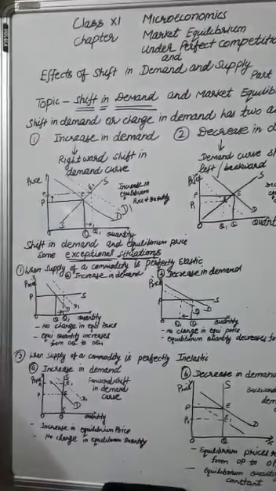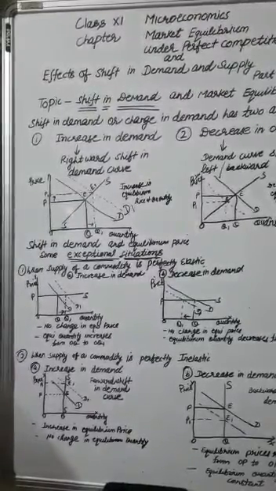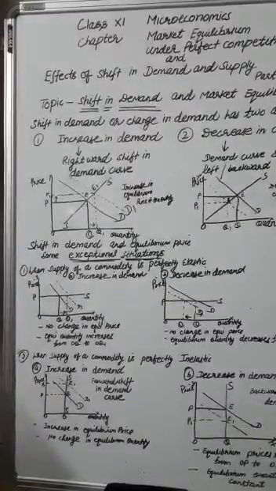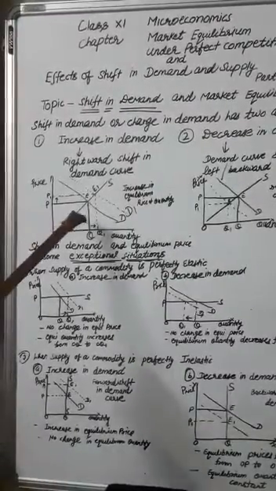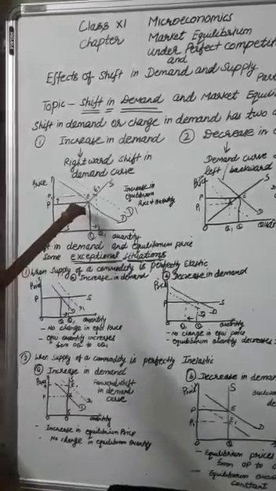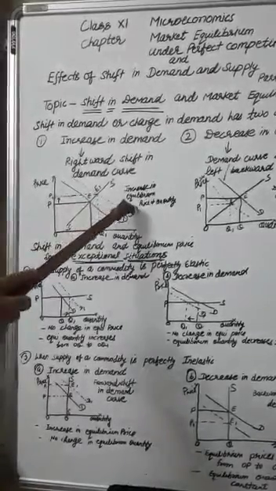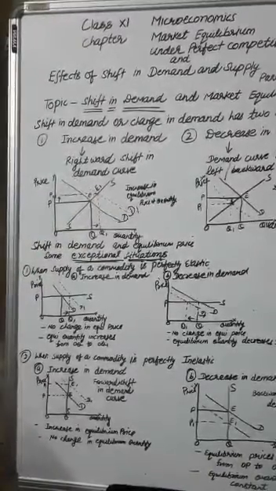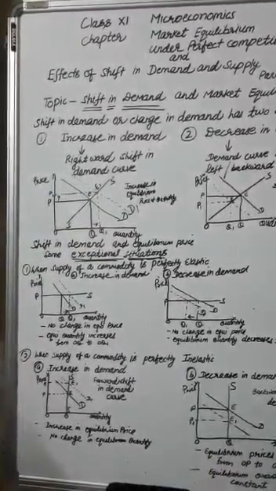Now, how is the new equilibrium struck when the demand curve shifts to the right? It is clear, at the old equilibrium, that is at point E, when demand increases, demand is greater than supply, which is a situation of excess demand.